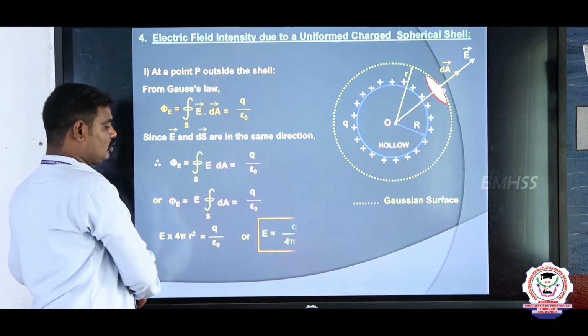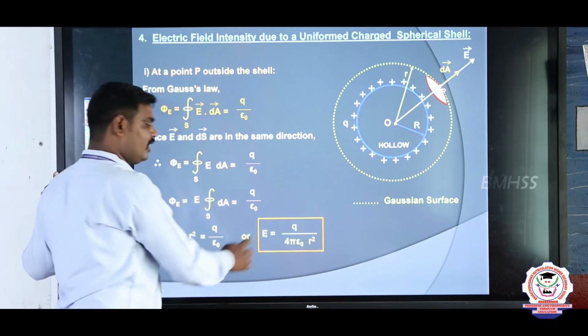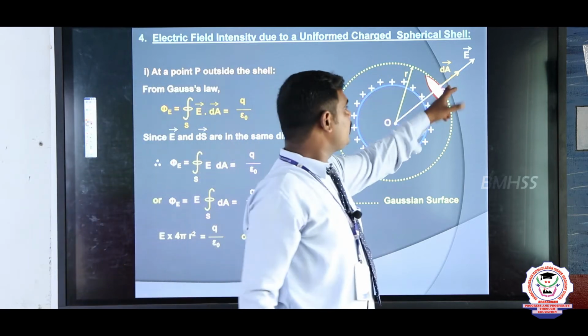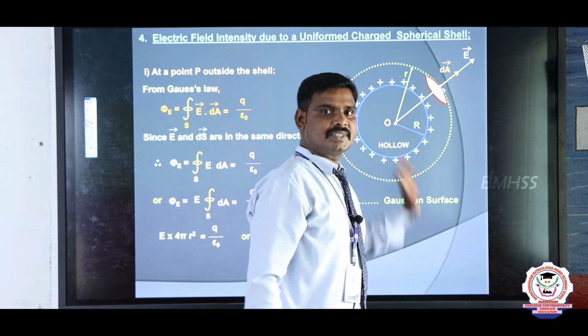So E is equal to Q divided by 4 pi epsilon naught into r square. This is the electric field at a point P outside the charged spherical shell.